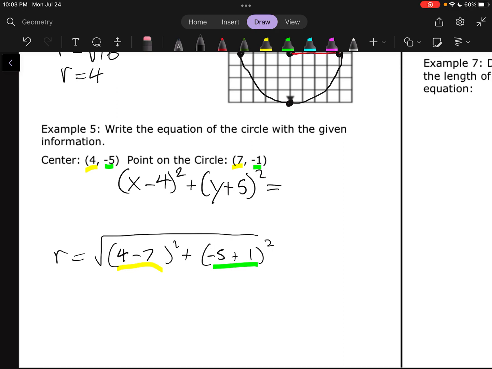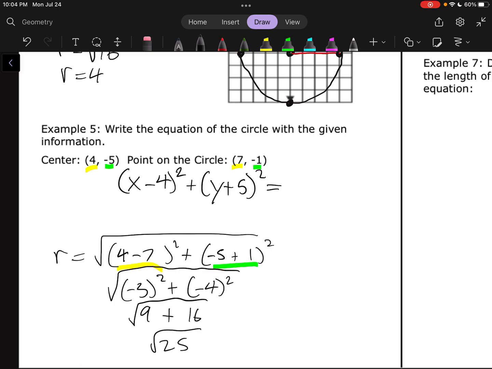All right, 4 minus 7 is -3. -5 plus 1 is -4. -3 squared is 9. -4 squared is 16. 9 plus 16 is 25. And the square root of 25 is 5.